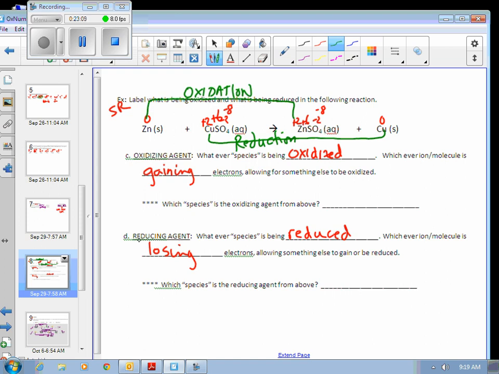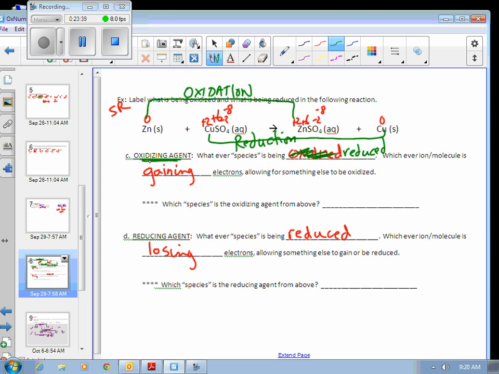A little terminology: the oxidizing agent. Sorry, let me fix that. Whatever species is being reduced is the oxidizing agent. Whichever ion or molecule is gaining electrons, being reduced, is allowing something else to lose electrons or be oxidized. So it's kind of like opposite world.